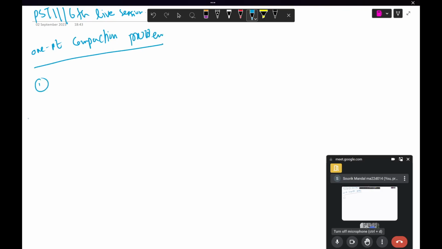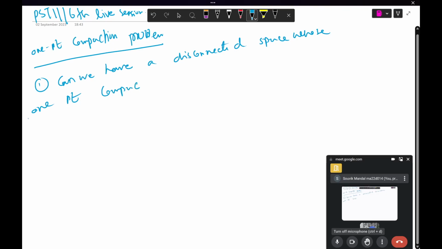So the first question is, can you have a disconnected space whose one point computation is figure 8?